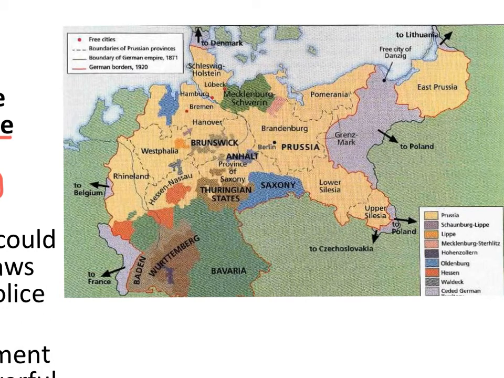Now Prussia was by far the biggest region within Germany, and the capital of Germany itself, Berlin, was also the capital of Prussia. So it was actually two capitals. But we don't use the word region, we use the word state, and there were actually 18 different states that made up Germany.